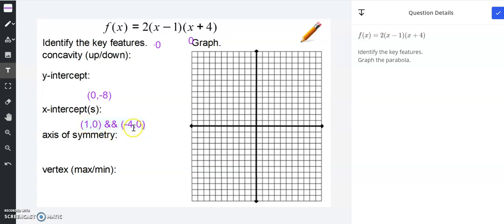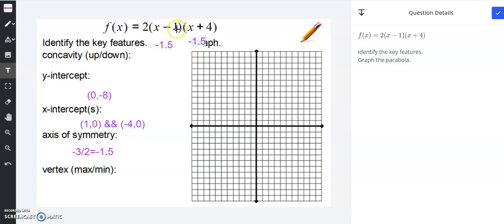Axis of symmetry is the number in between these two. So the number between -4 and 1. We can add those up and divide in half, which is -3 over 2, which equals -1.5. And our vertex we put into this problem, and then we solve. So instead of 0, we have -1.5 and -1.5.